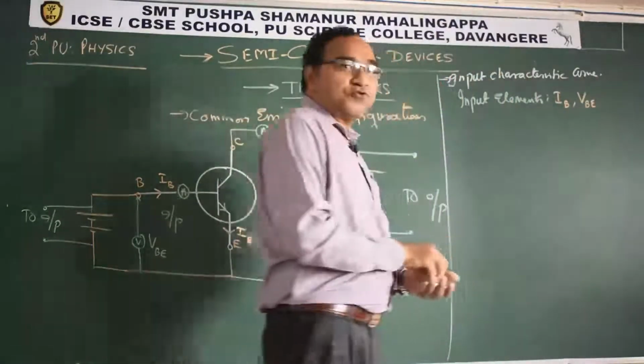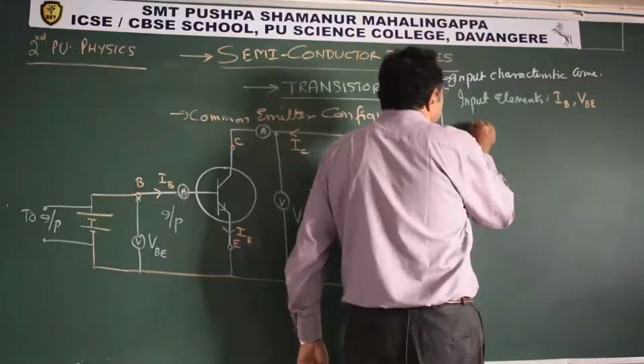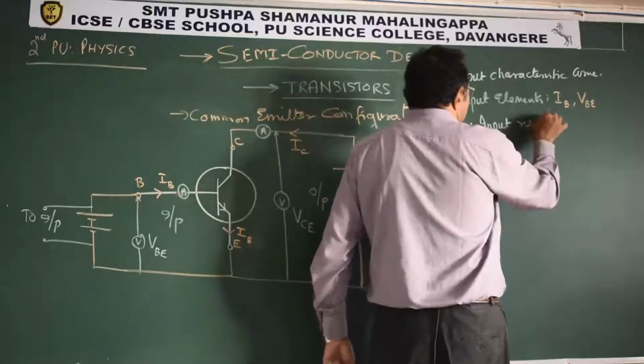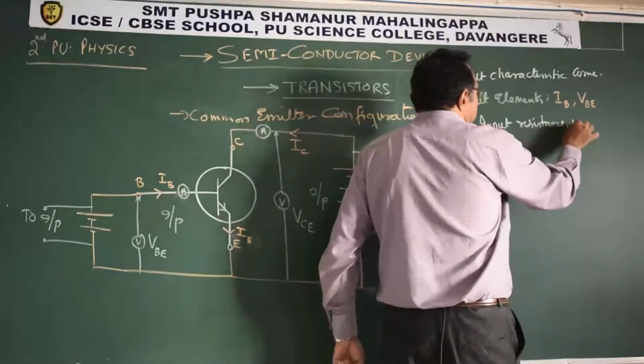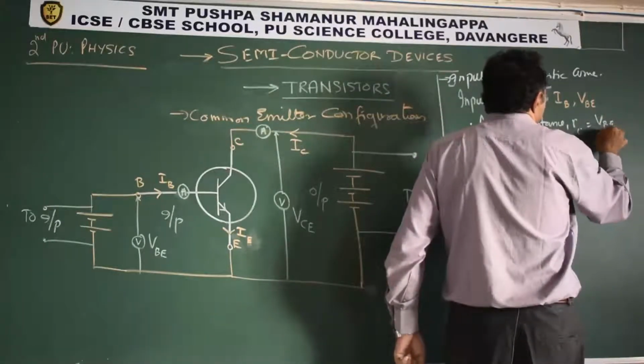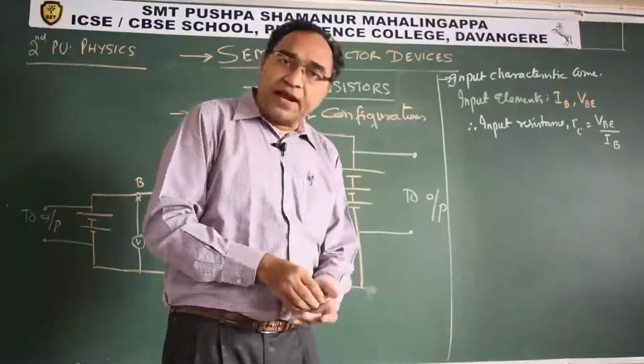Out of these two parameters, we can find the input resistance. So input resistance will be VBE upon IB.